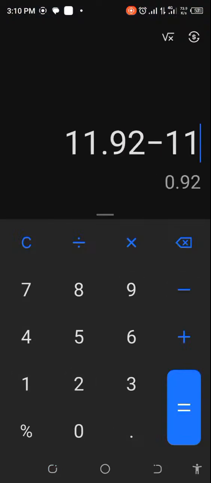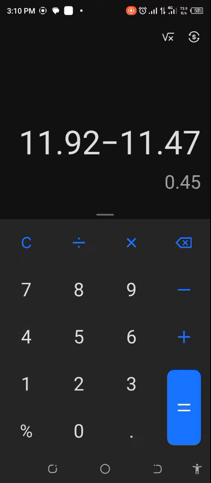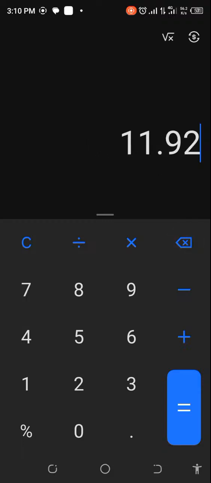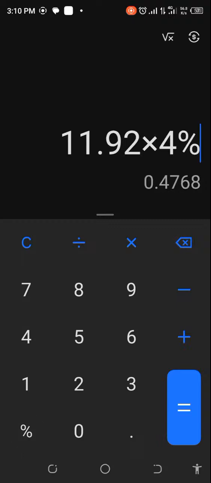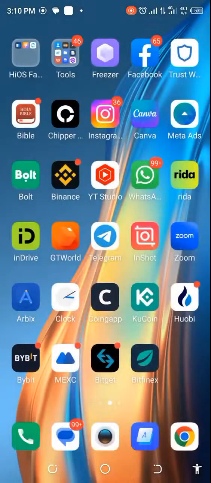So that's 11.92, and we had minus 11.47. About 45 cents. I think that's about 4%. So we're just in that range, so we're kind of good. That's exactly what we have now. Let's go ahead and see what we will get in real life.